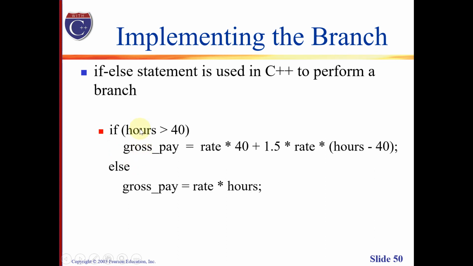As you can see, we have the if statement. It contains the first option, which determines if the number of hours worked is greater than 40 hours, and therefore, the computation for overtime pay will be used. Otherwise, we will simply use the regular computation.